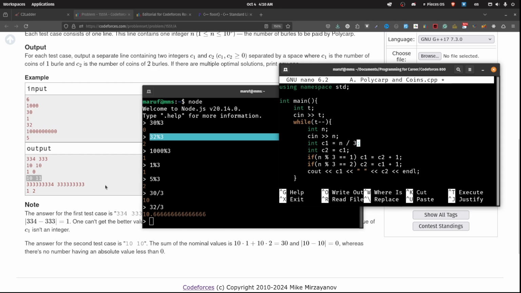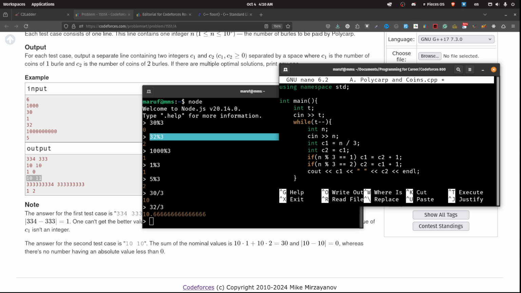I can say if I get 2 as a result, c1 is the divided value, and c2 is equal to c1 plus 1. And if the resulting value is 1, for example 1000, I can say c1 is c2 plus 1.